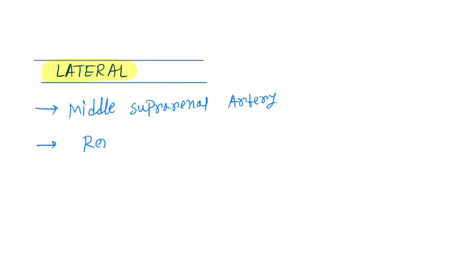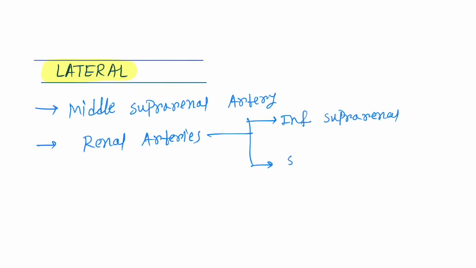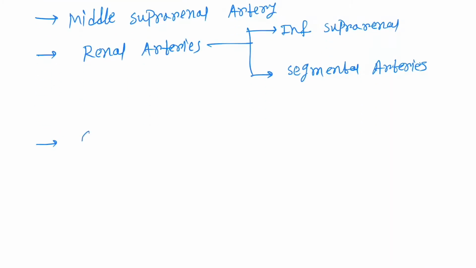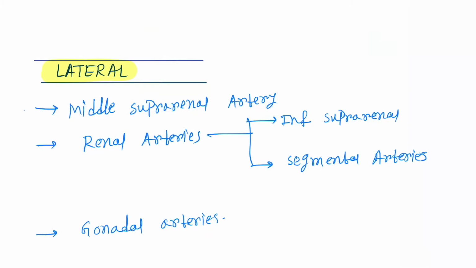Next, renal arteries, and further, they form the inferior suprarenal and segmental arteries. Okay, and another branch is the gonadal arteries. So these three are the branches of the lateral part.